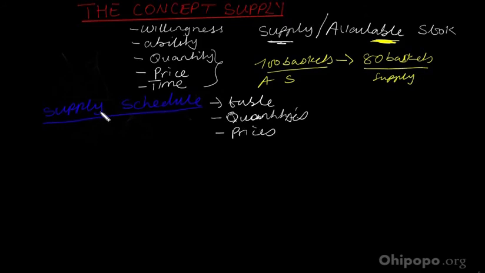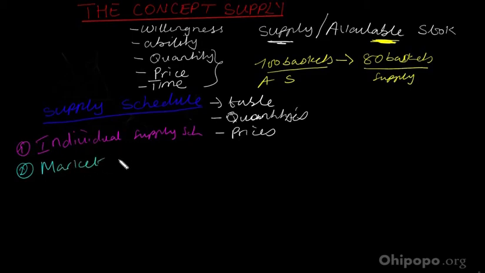And also, there are two types of supply schedule. The first is the individual supply schedule, unlike that of demand too. And also the market supply schedule.